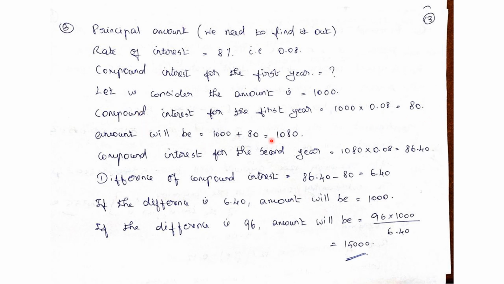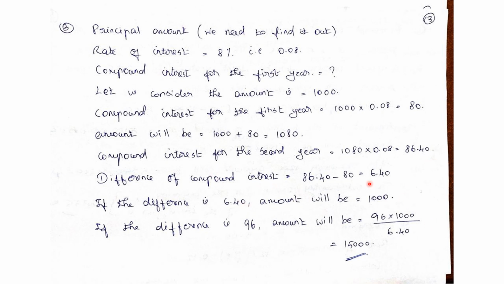Compound interest for the first year: 1,000 into 0.08, we'll get 80 rupees. So amount will be 1,000 plus 80, 1,080. Compound interest for the second year: because this amount will go as a principal, 1,080 into 0.08, we'll get 86.40.